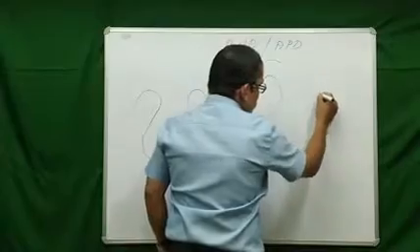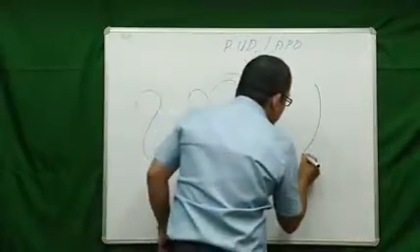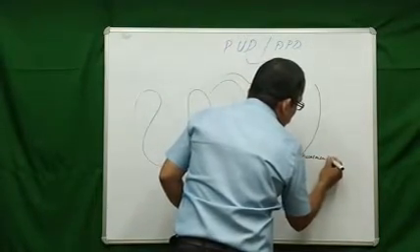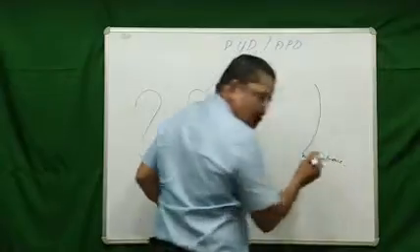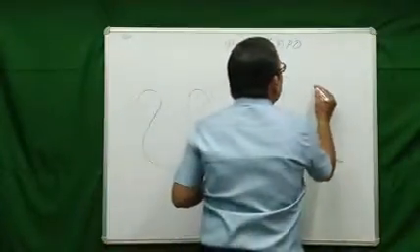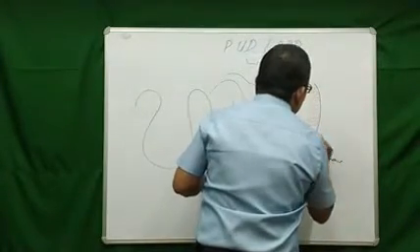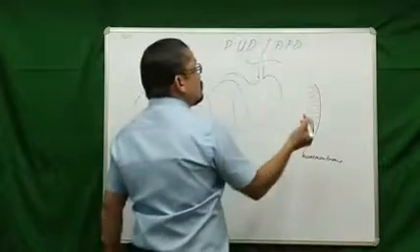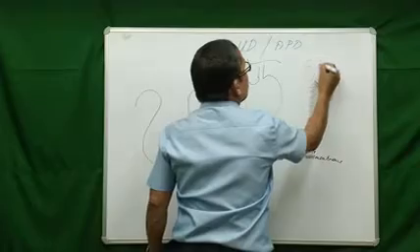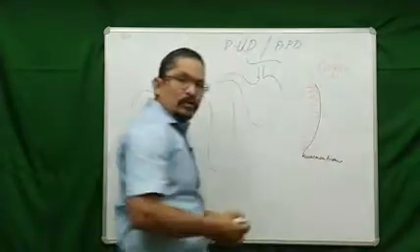It is the innermost layer, the mucous membrane, and you can see sieve-like or finger-like projections. These are known as gastric rugae.